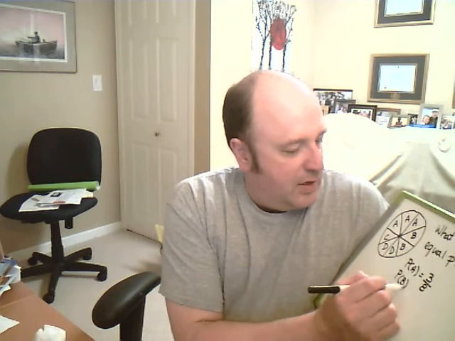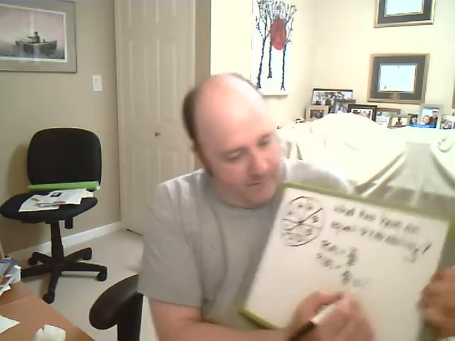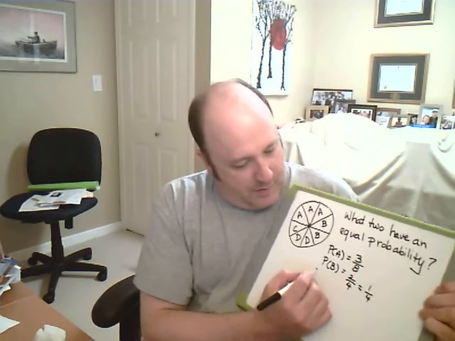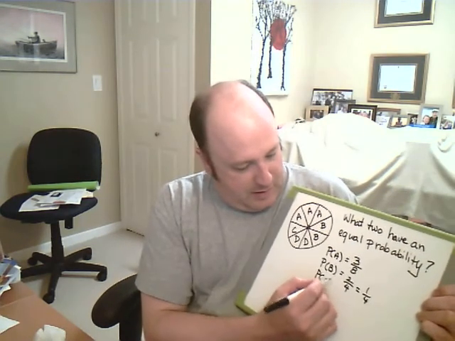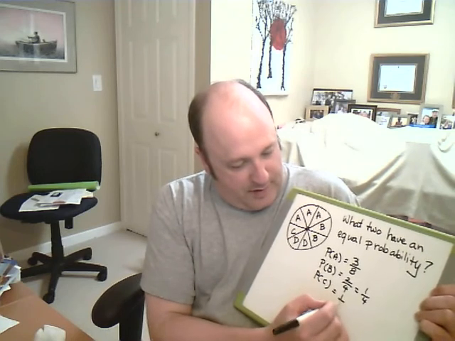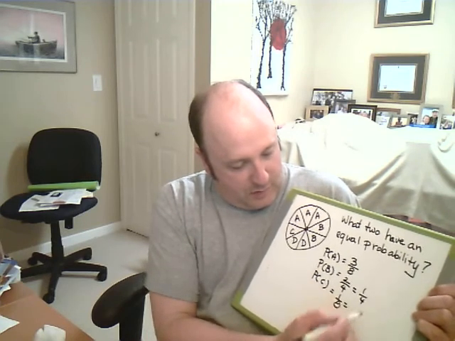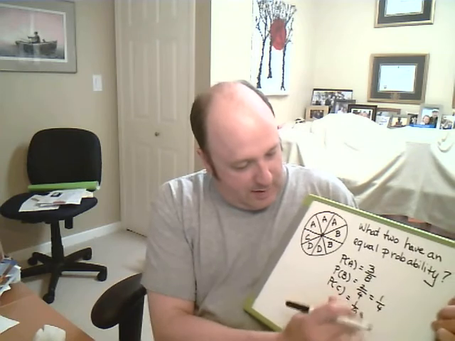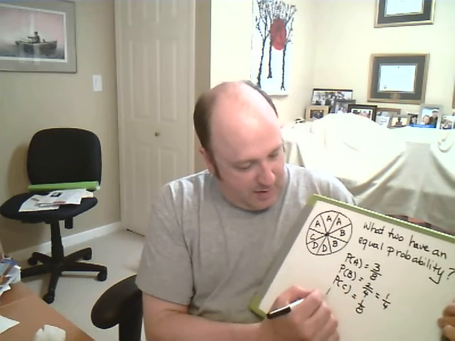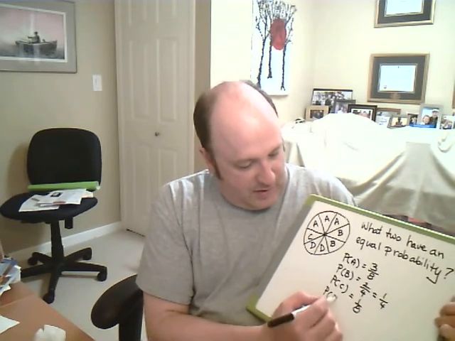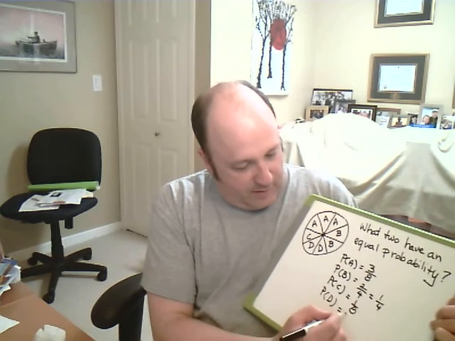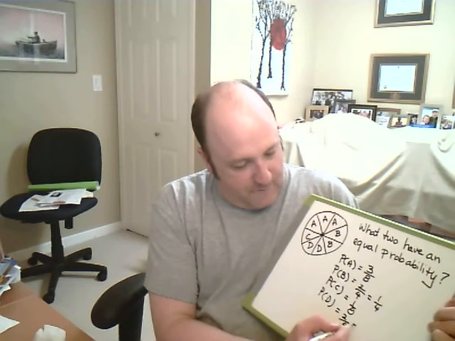Probability of B is 2/8, or 1/4. Probability of C is 1/8, and I don't need that. And then the probability of D is 2/8, which is 1/4.